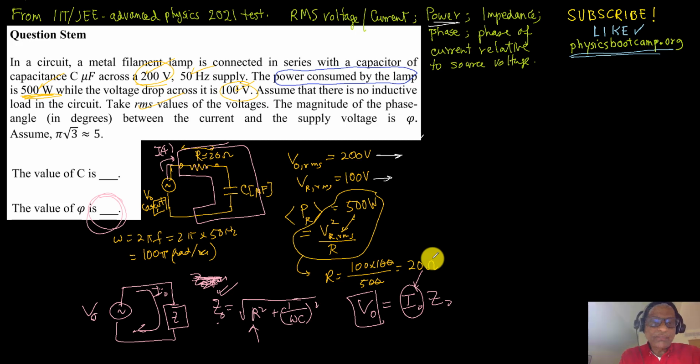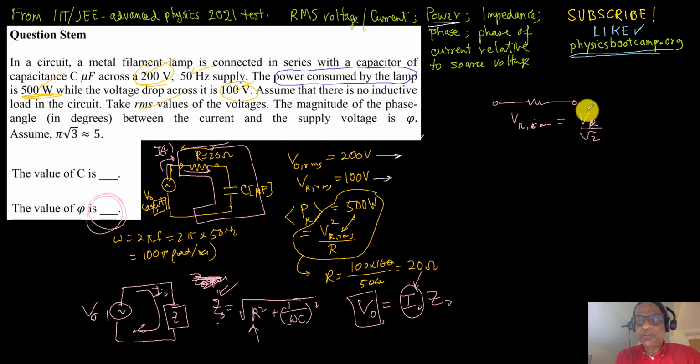The current flowing here is the same current that flows through this, right? So these are the same current. If we're just looking at the resistor, we already know VR RMS, which is of course V0 over square root of 2.